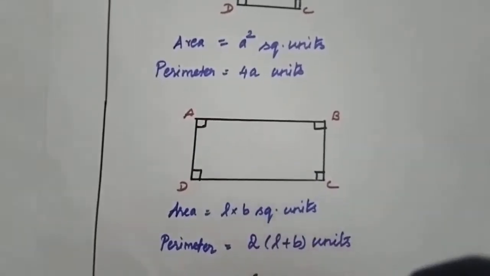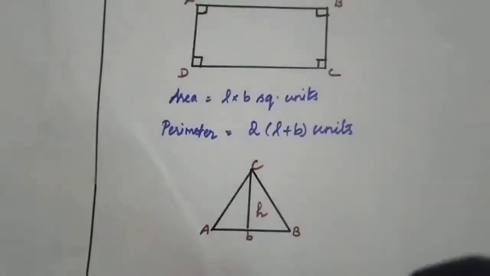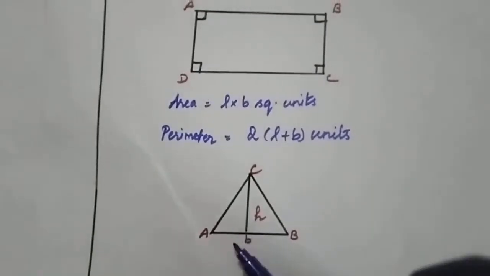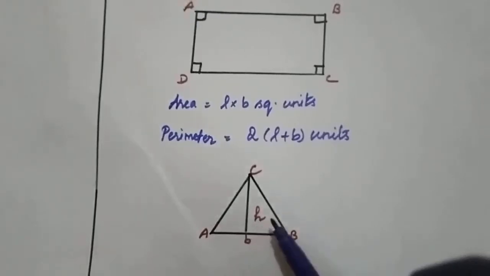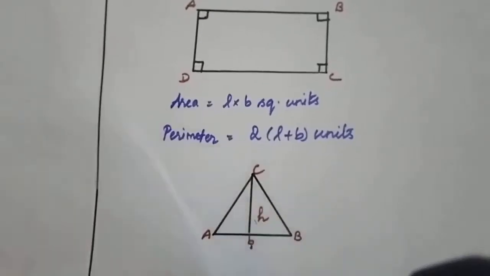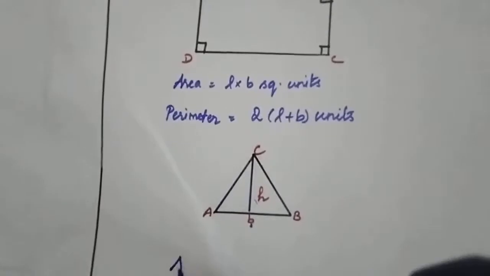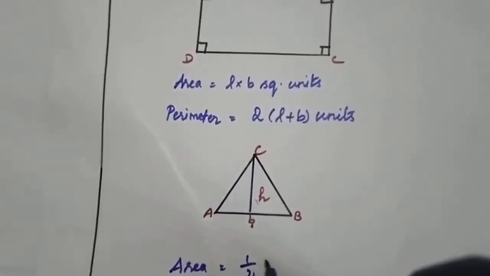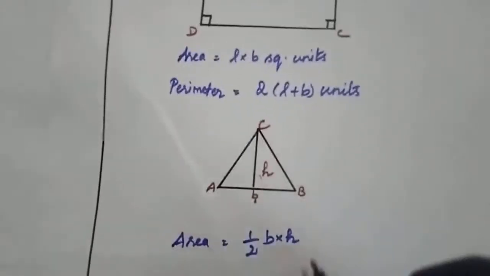Is it clear, children? Yes. What is the name of this shape? Yes, any closed figure bounded by three lines is called a triangle. A triangle has three sides, angle A, angle B and angle C. If B is the base and H is the altitude of a triangle, then its area is equal to half times base into height square units.